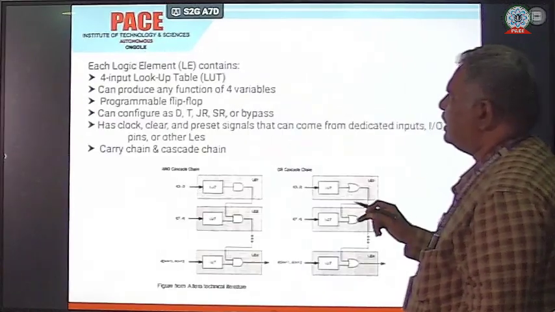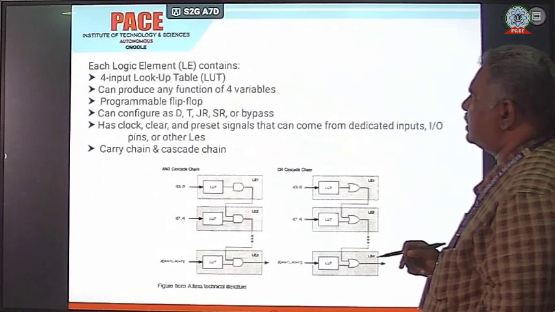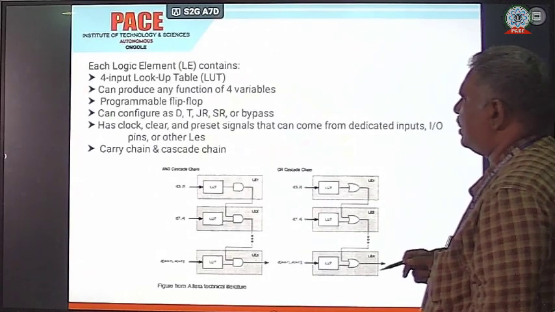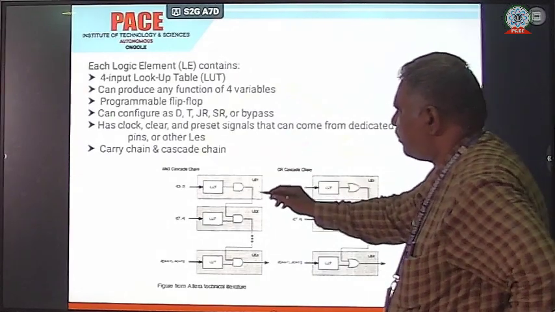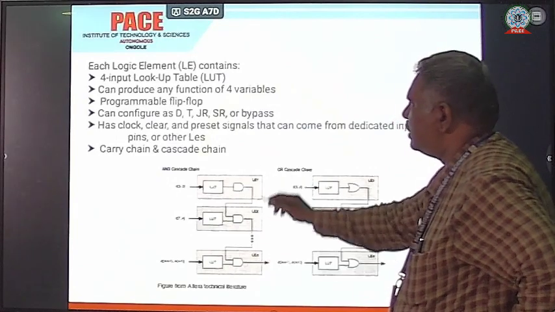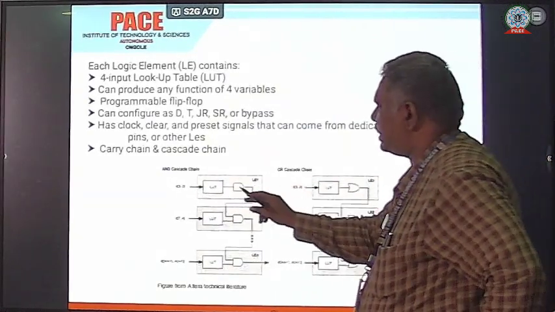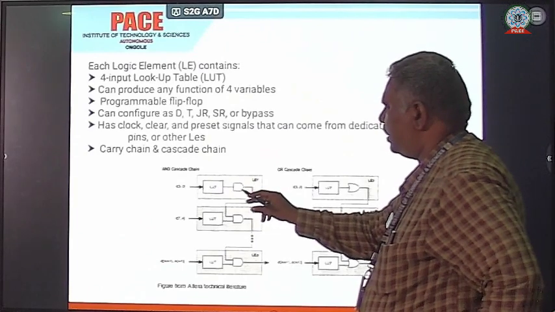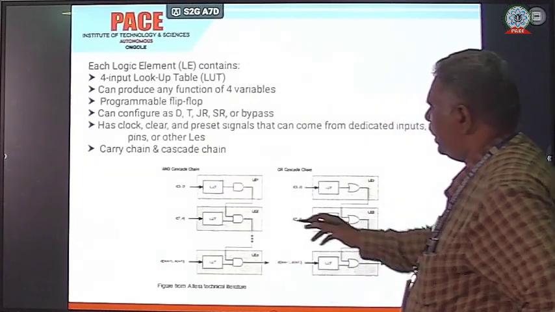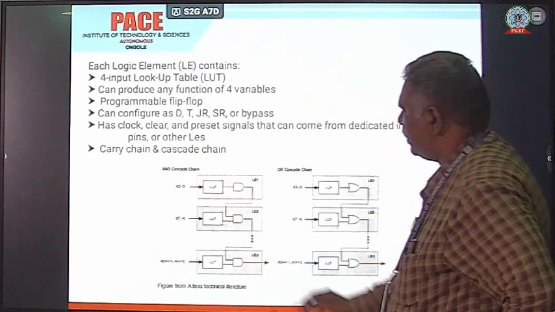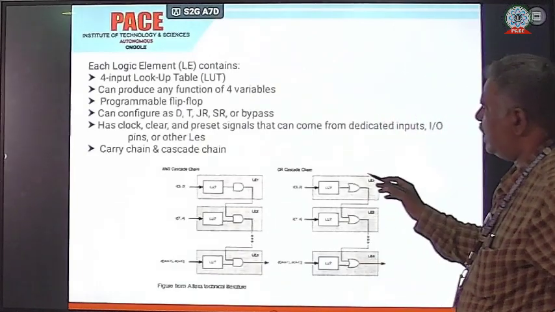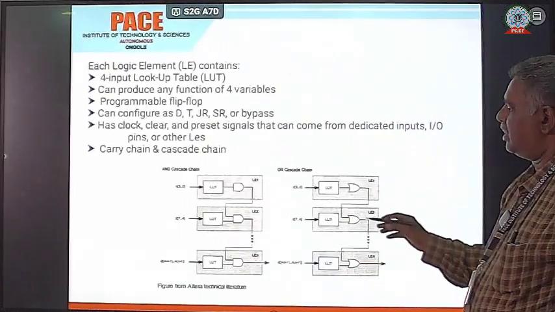Next is the logic elements. These are the logic elements in a single LE. In this we have a LUT, AND gates, and a number of LUTs and AND gates, and this is going to be the OR gates.